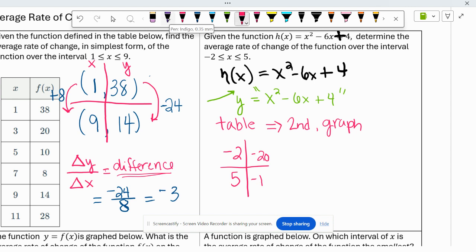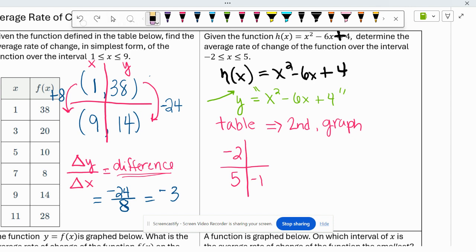Did you get +20 or -20, Ashton? Okay, can you go back to your equation so I can look at it? You didn't put an x after your 6. You see that? And you did a negative, which should be minus 6x. Okay, +20 and -1.